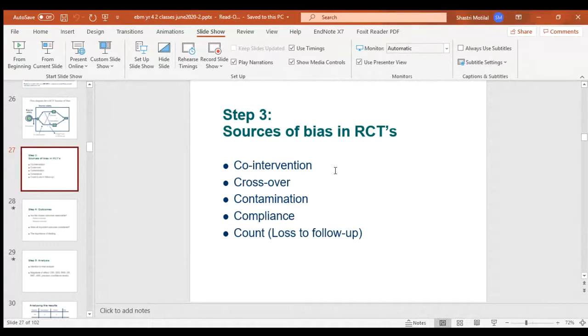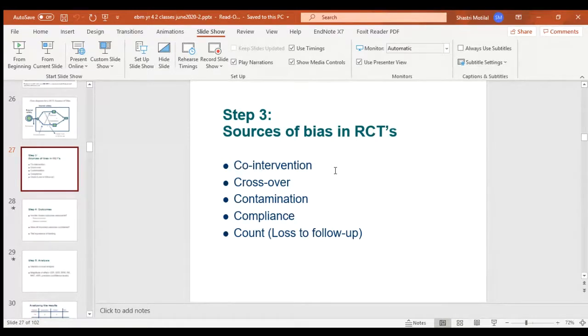So what's co-intervention? Co-intervention means a person in a randomized controlled trial is getting a treatment, but they're getting something else besides, which could be helping them. So one group might get HCG injections, the other group doesn't get any, but the people who get the HCG injections also get a 300-calorie diet.